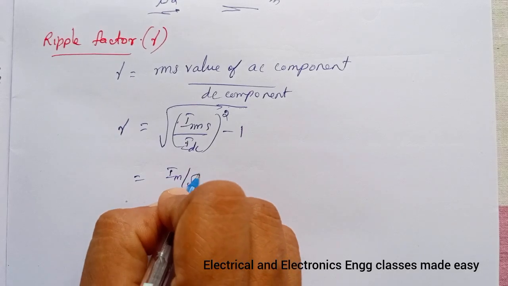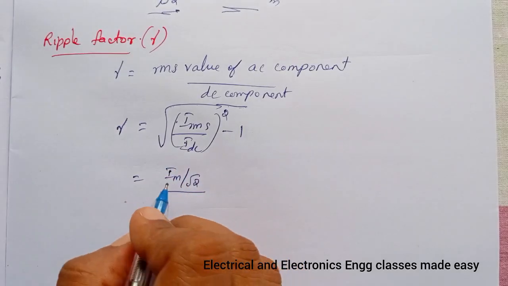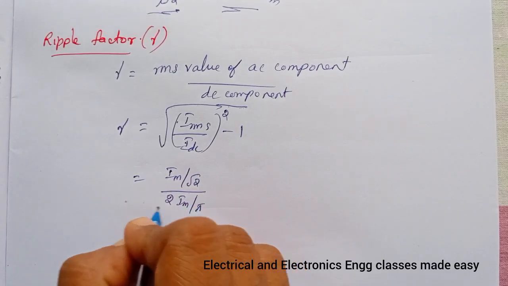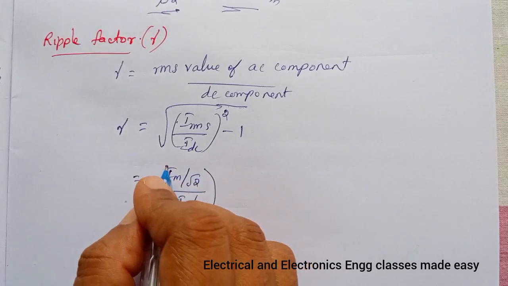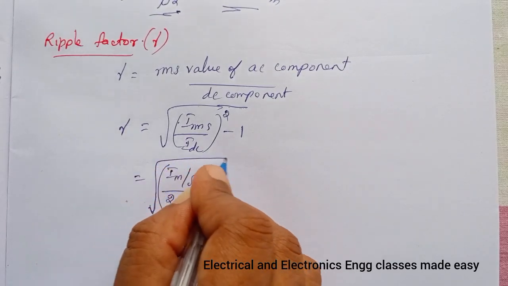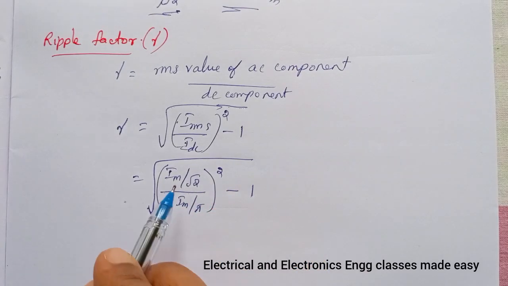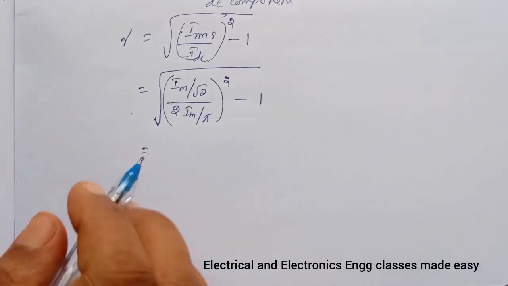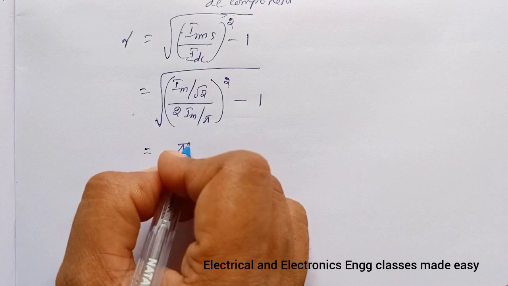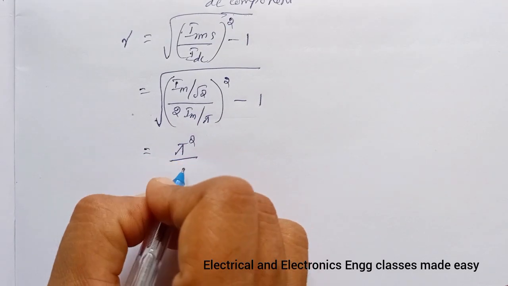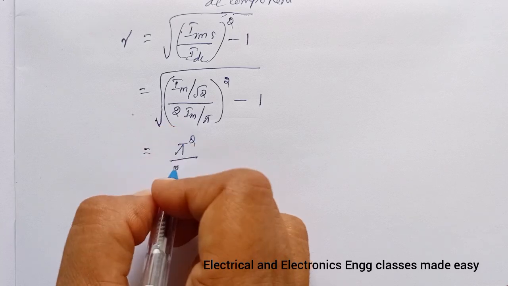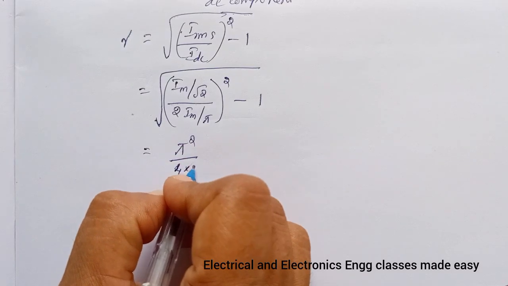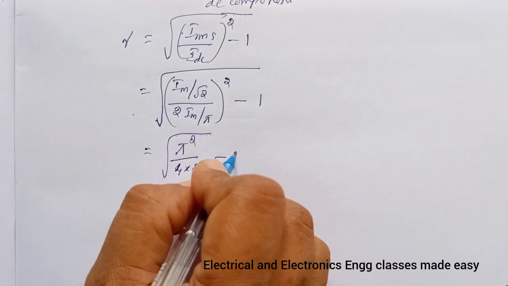So Im divided by root 2, divided by IDC which is 2Im by pi, the whole square, root, then minus 1. Here Im square gets cancelled, and that is equal to pi square divided by 2 square, that is 4, into root 2 square, that is 2, then minus 1.